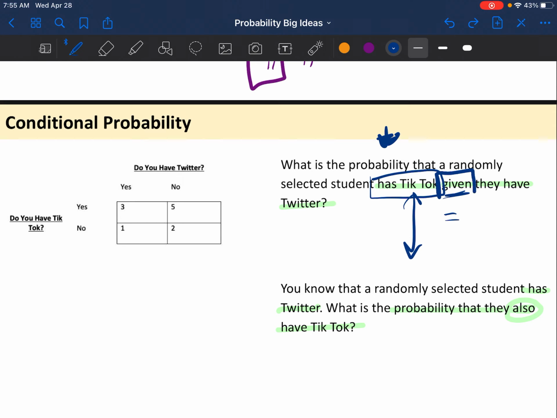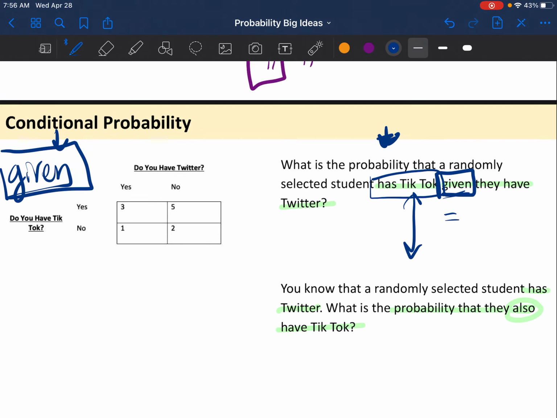And this word given is such a big clue. Conditional probability, you'll usually see it with the word given. Anytime I see that word given, I know that this is a conditional probability question.